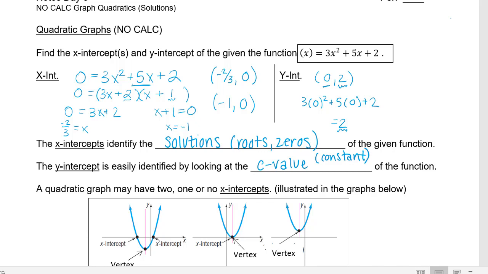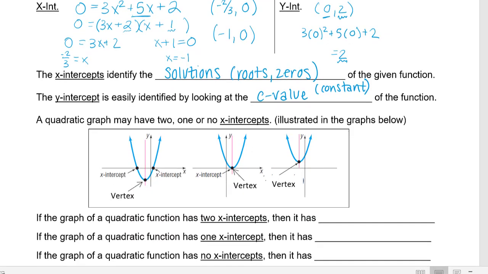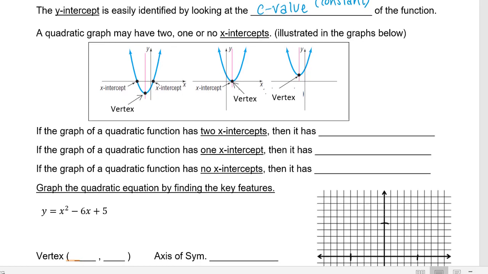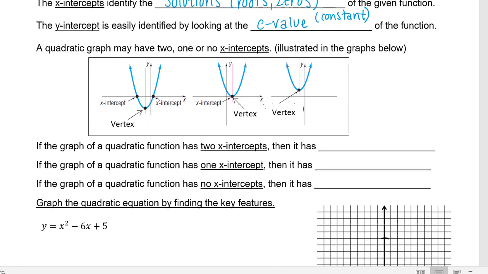Okay, talking a little bit more about our solutions, we technically have three different types of solutions in this quadratic. If our graph of a quadratic function has two x-intercepts, right, then it will have two solutions, two roots, two zeros.